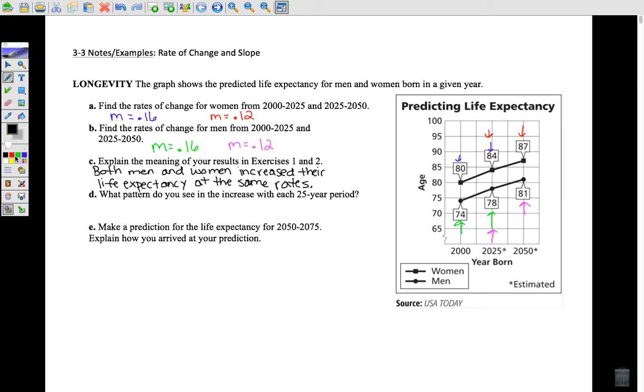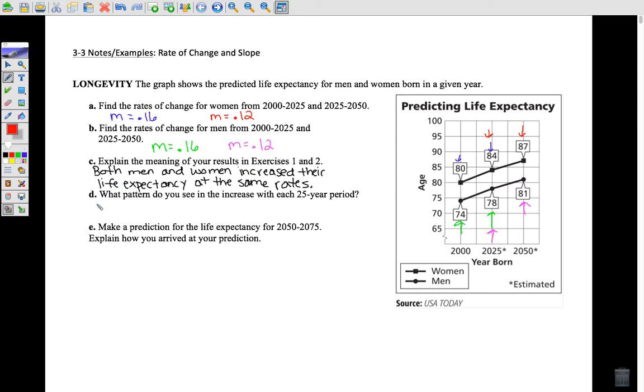Okay. Next one says, what pattern do you see in the increase with each 25-year period? So what they're talking about is from 2025 to 2050, they both increased, but that increase was not a constant rate of change.